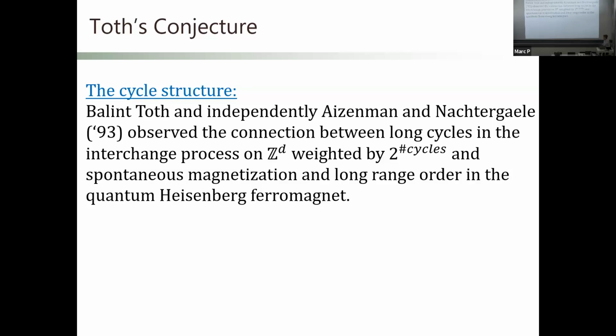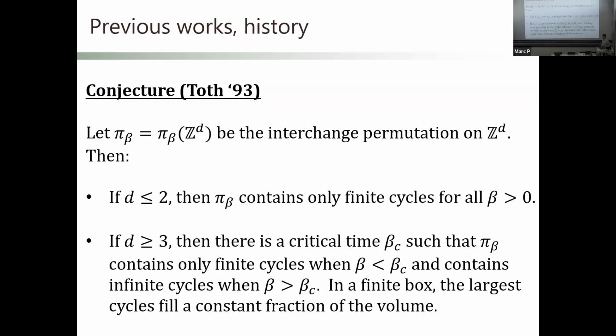Okay, so Toth's conjecture is that essentially the behavior you get depends on the dimension of the lattice that you're looking at. So we'll be talking about the lattice Z^d, and the conjecture was that in dimensions 1 and 2, you only see finite cycles for any value of time.